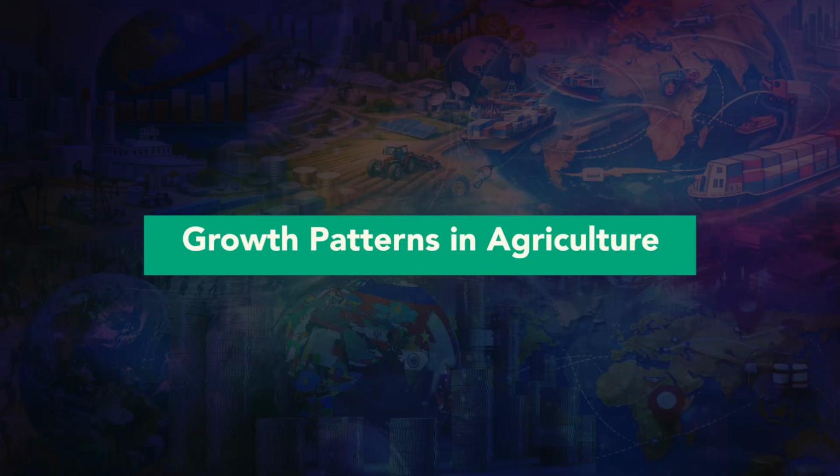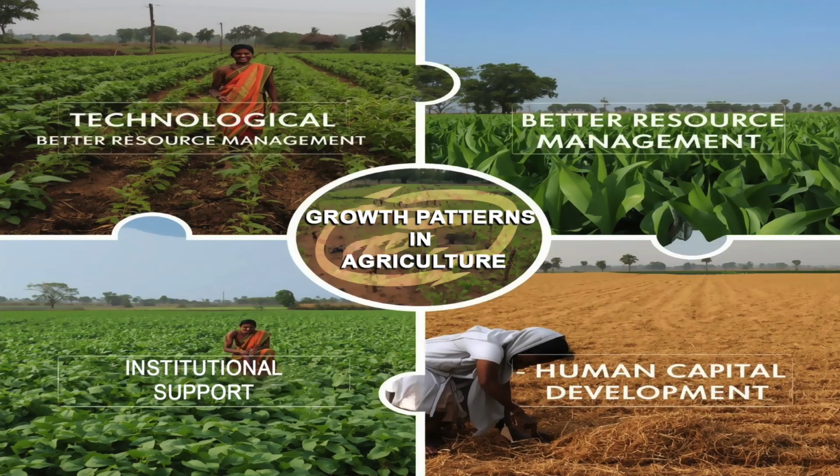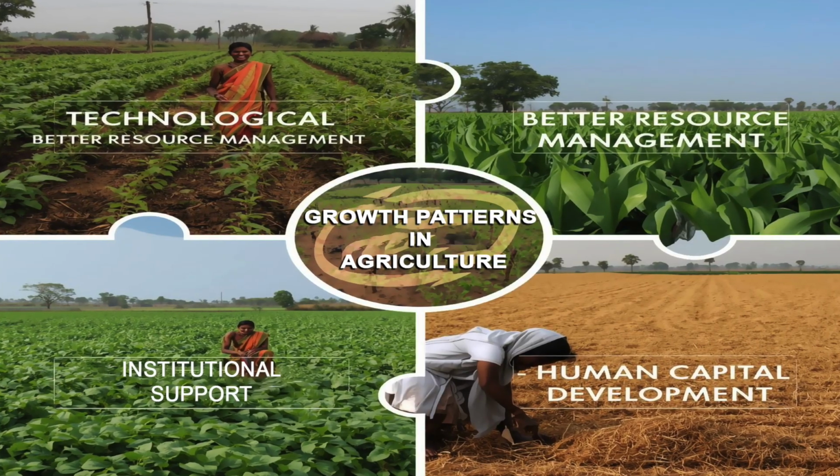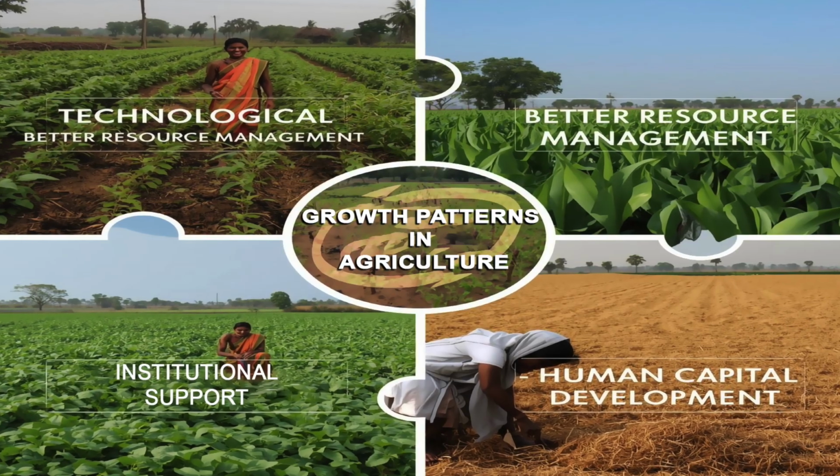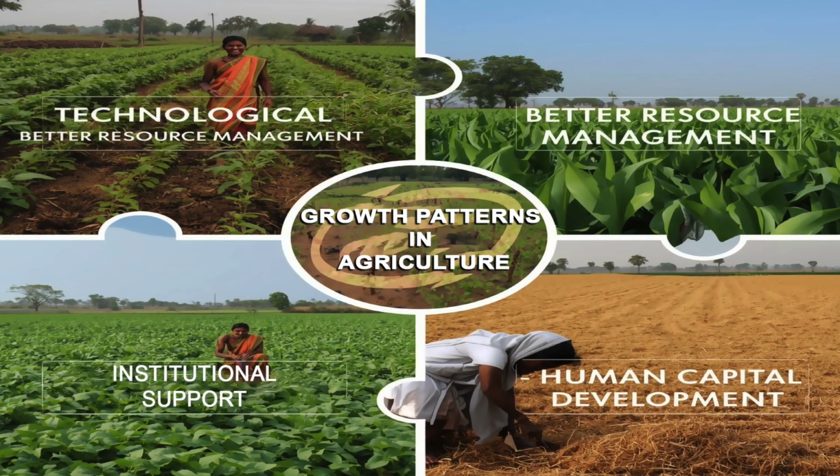Let us discuss the growth patterns in agriculture. Agricultural growth refers to a sustained increase in real output over a period of time. It involves an improvement in both the quality and quantity of agricultural production. It is a result of technological progress, better resource management and institutional support along with human development in an integrated manner.